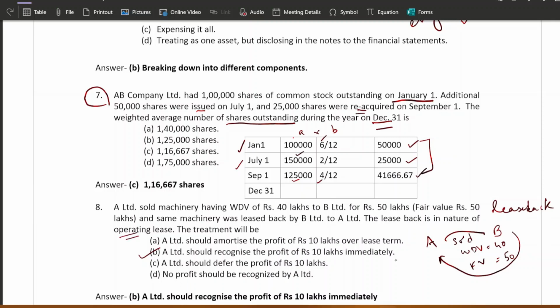So the answer is A Limited should recognize the profit of rupees 10 lakhs immediately. That is because any profit or loss arising out of a sale transaction is recognized immediately when the sale price is equal to the fair value. So you see here the sale price is equal to the fair value. Okay, that is why A Limited should recognize the profit of 10 lakhs immediately.